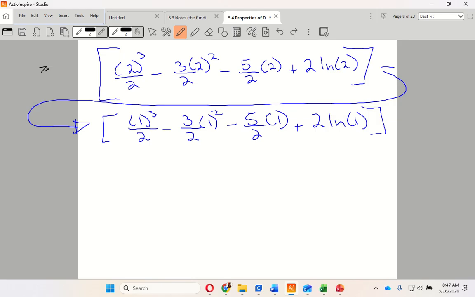So I'm going to do the math for the top right here. That's going to be what? 8 over 2? 4. That's 4. Minus, that's going to give me 6 minus 5 plus 2 ln of 2.